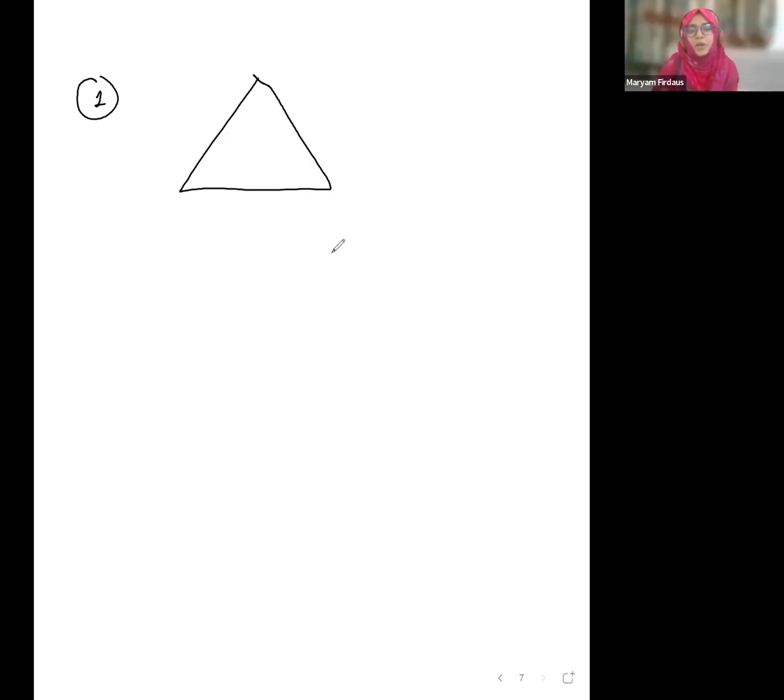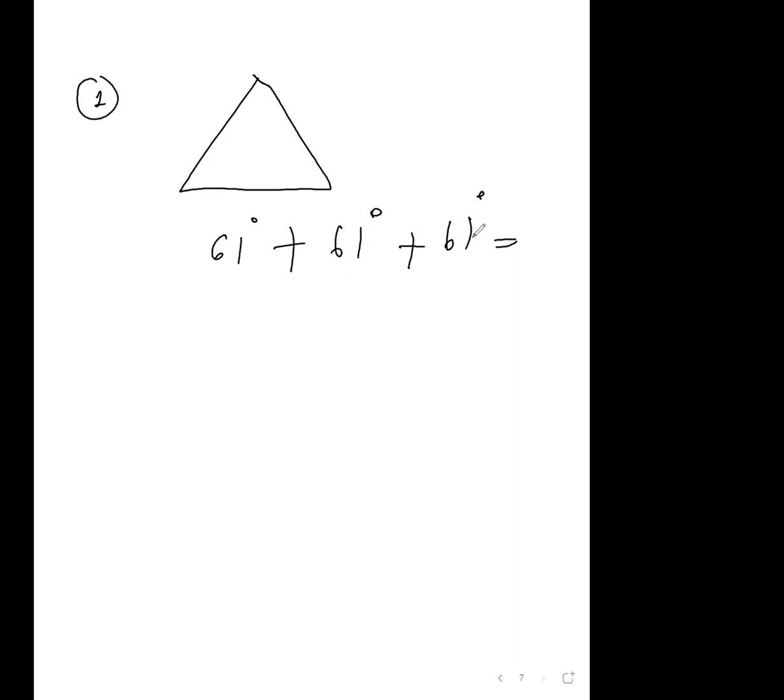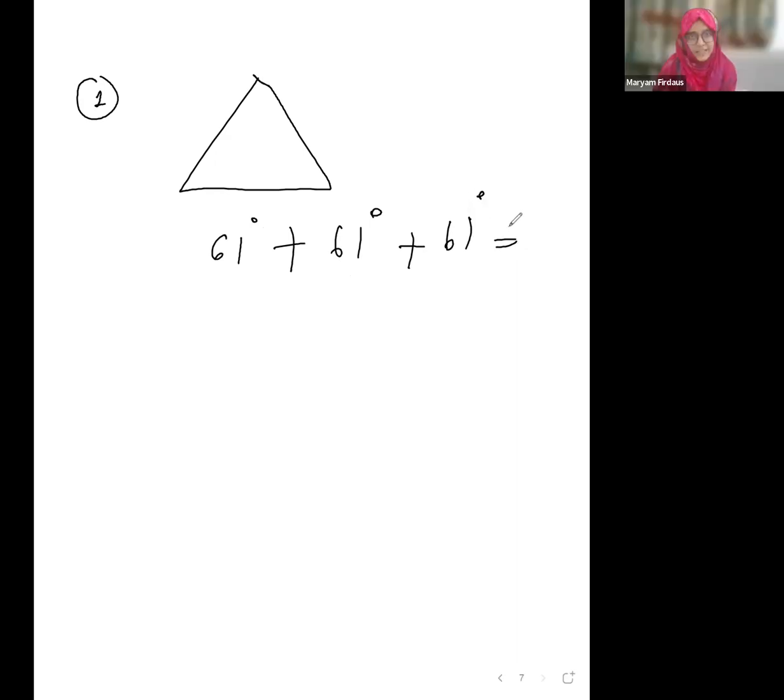Also, let's say all three of them are 61. 61 plus 61 plus 61. What does it give you? Does it give you 180 or is it more than 180? More than 180, but it's supposed to be 180, right? That's why we can't have all three of them greater than 60. At least one of them should be less, so that it can become a triangle.